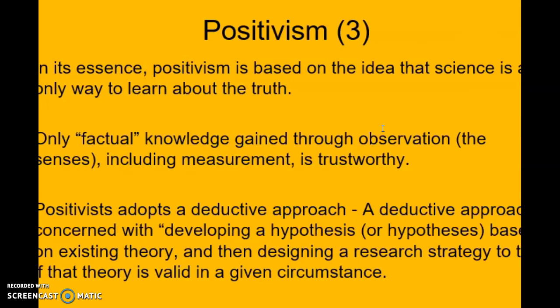And this could be through measurements, through observations, or by whatever means that we have using the senses. For people that ascribe to this philosophy, there is this belief that factual knowledge can only be gained through observation using the senses or through measurement, and that any other method could not be accepted.